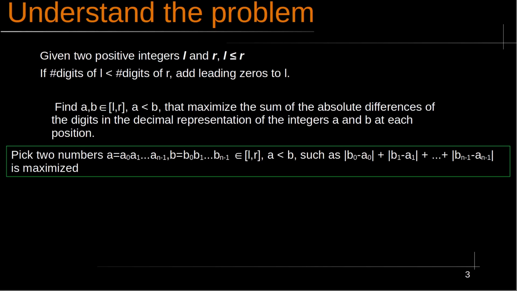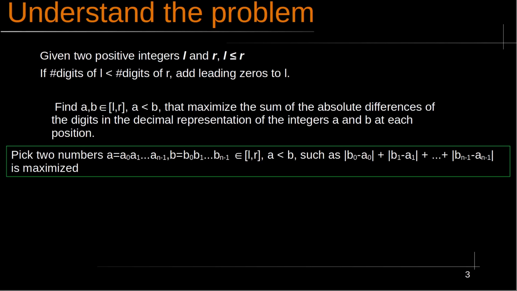Formally, we can say that we have to pick two numbers, A that contains the digits A0 at position 0, A1 at position 1, up to A(N-1) at position N minus 1, and the number B that contains N digits, B0, B1, up to B(N-1), such that the sum of the absolute values is maximized.